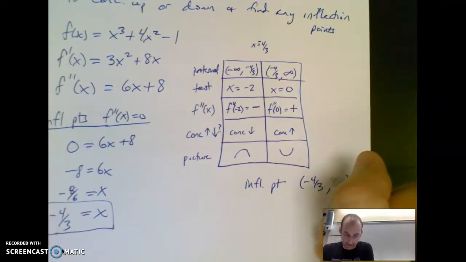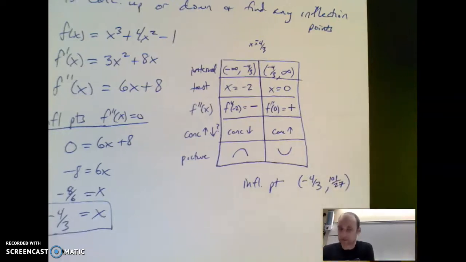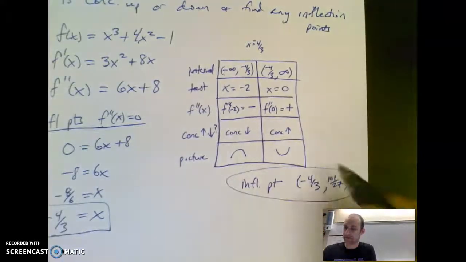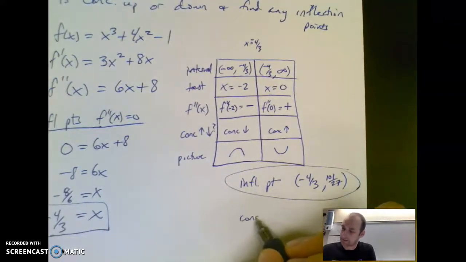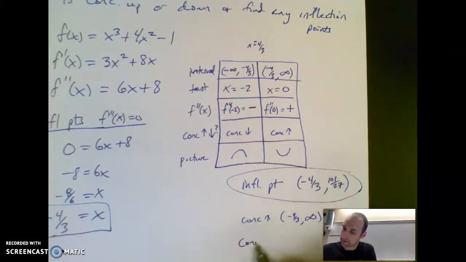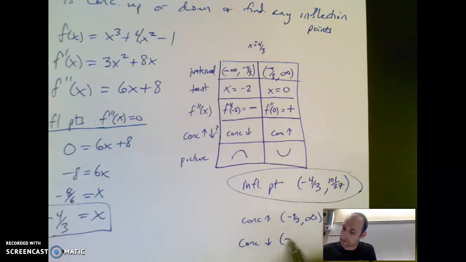Pretend you did that, and you get 101 over 27, which is about 3.7. So there's an inflection point there, and we have concave up from -4/3 to infinity. We have concave down from -infinity to -4/3. There, we answered the question.